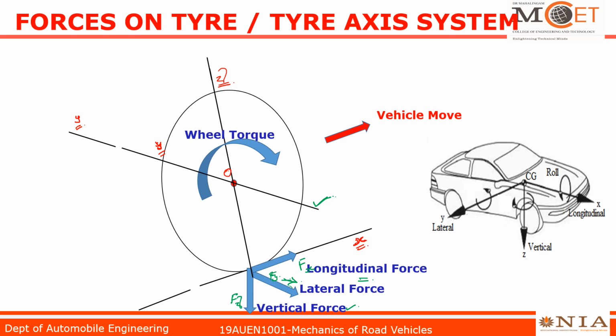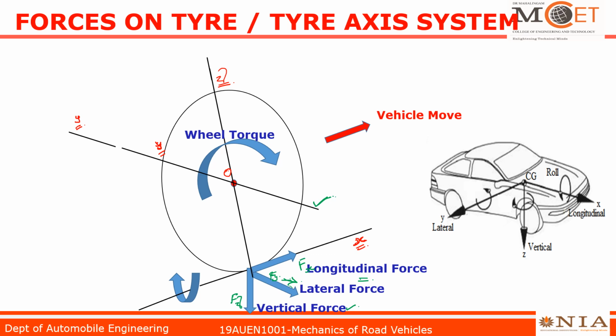There may be a number of moments acting on tires or wheels. First one, moment about x-axis. Maybe like this, it is rotating in anti-clockwise direction. Here you can note, it is in anti-clockwise direction.